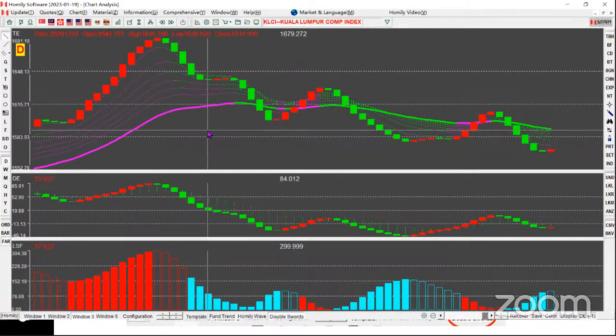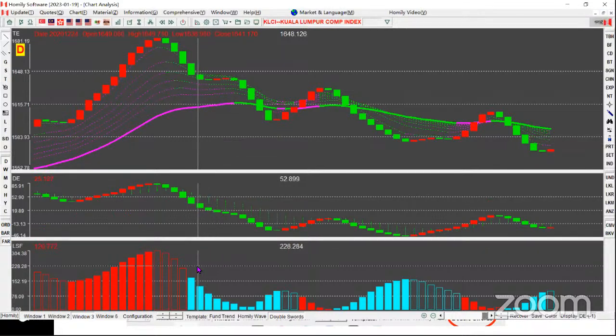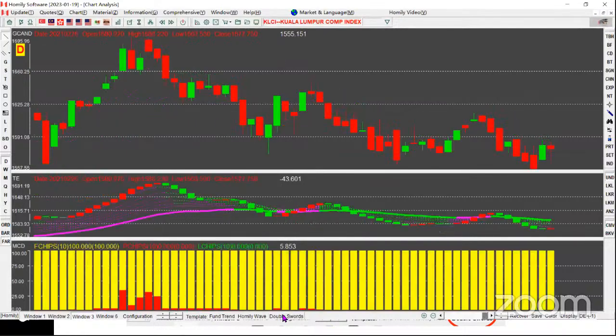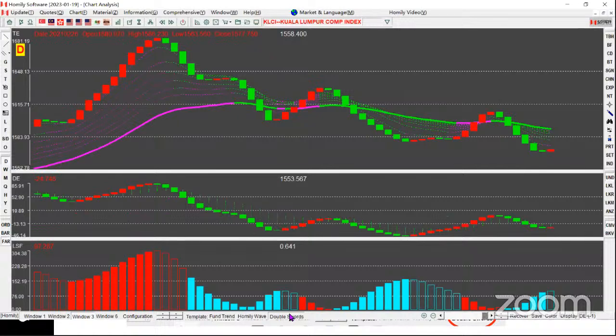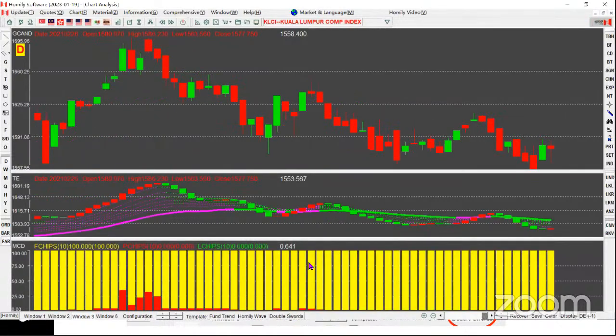If you want to close this double source template and go back to the original one to see the candles and the movement, you just click double source again. So it will be very easy. You open your software, click double source, open. Click again, close. Click, open. Click again, close. So very easy to open and close.